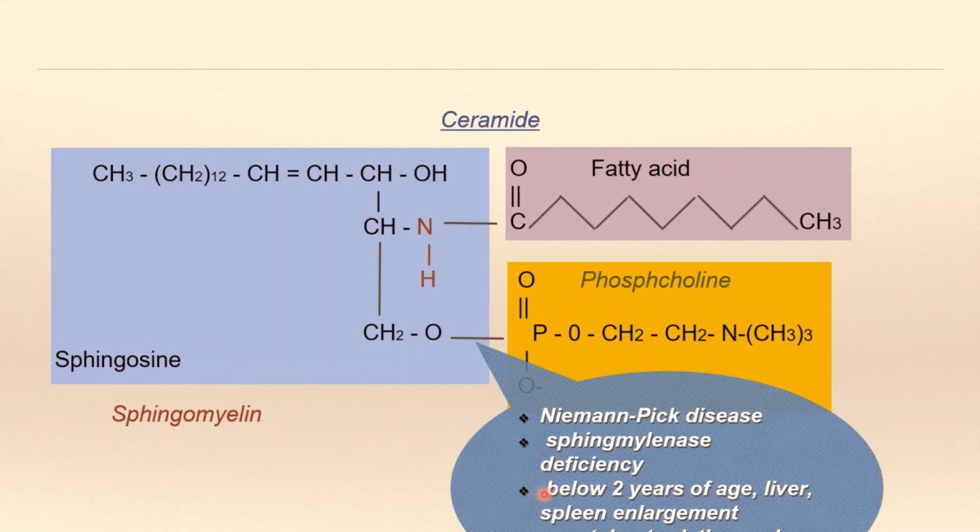In the spleen, liver, brain and nervous tissue, where the sphingomyelin gets accumulated, there will be enlargement of the spleen and liver, and then mental retardation, and in most conditions below 2 years of age, this disease is fatal. Even before knowing what the cause is, that child can lose life. So that is about the sphingomyelin and its metabolism.